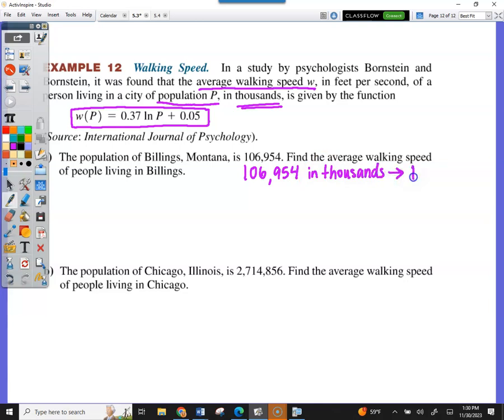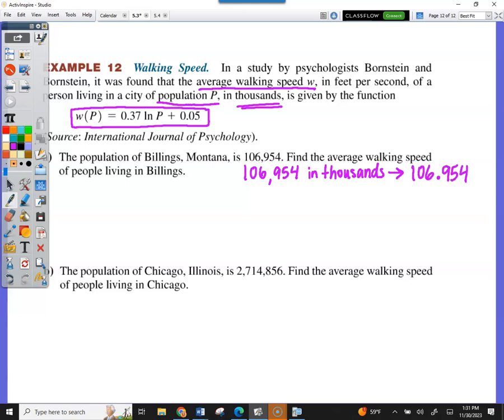Now this is tricky. So if I had to say anything was tricky here, I'd say it was this. What did I change? I changed it to a decimal. They're telling you that the P, population, is in thousands.